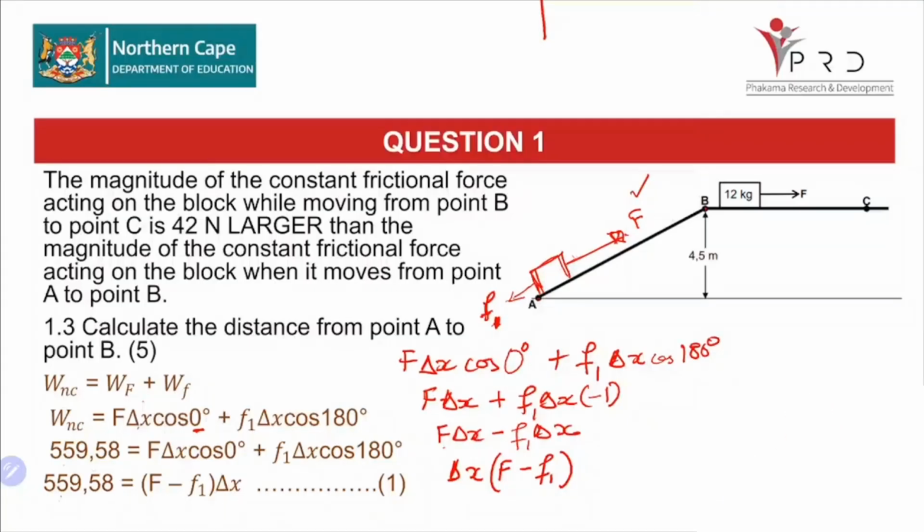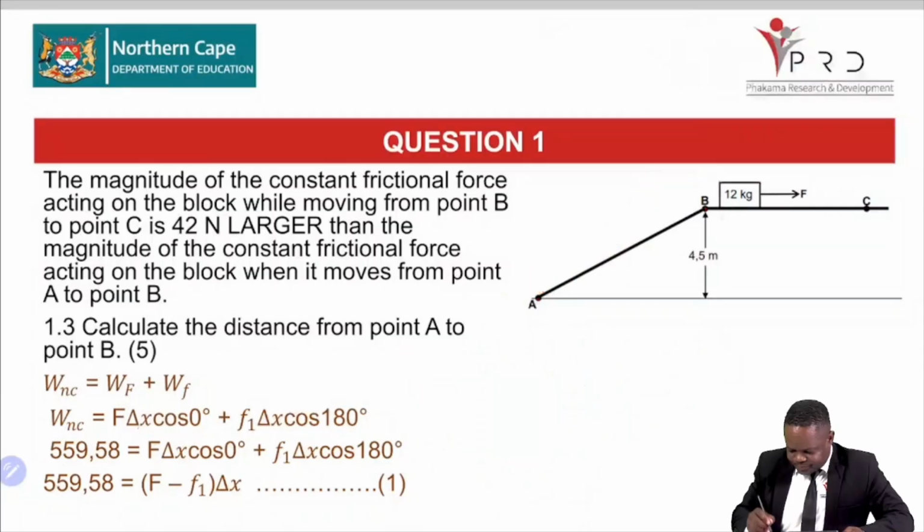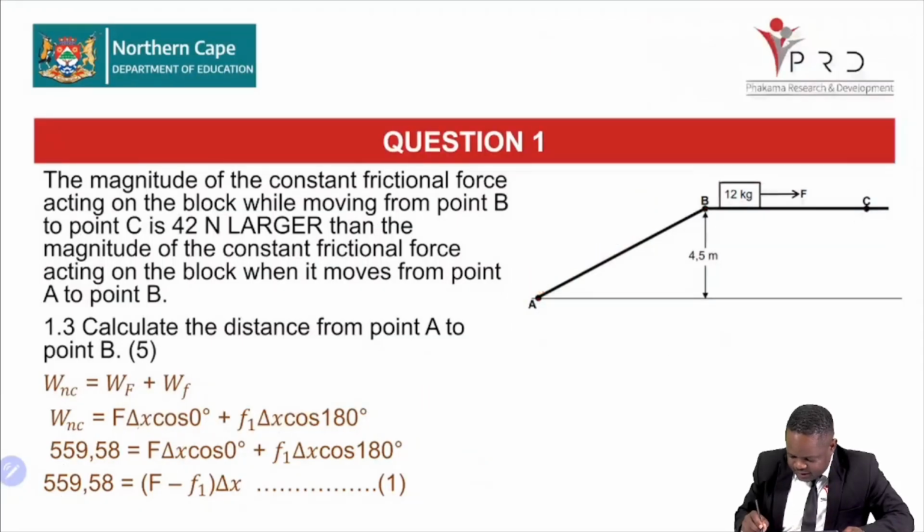Then let's go to points B and C. Let's analyze that section between B and C. What do we know? Remember, we said the frictional force that is acting between A and B, we will call it F1. So the frictional force that is acting between B and C, we will call it F2.